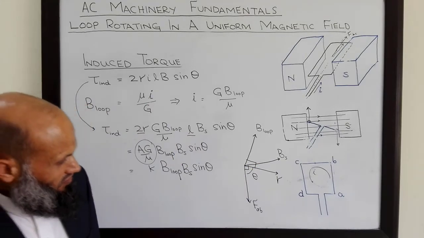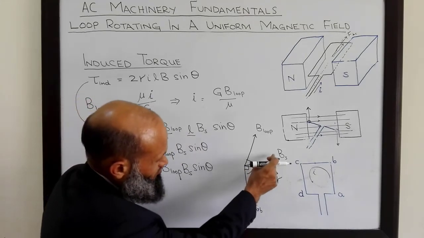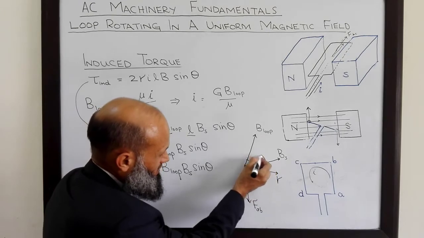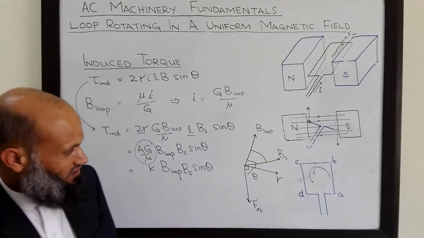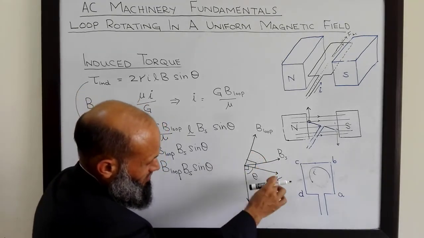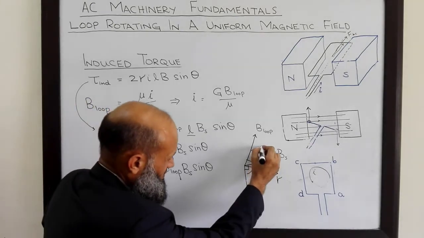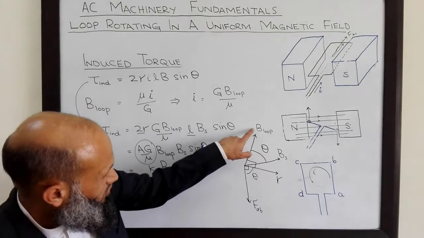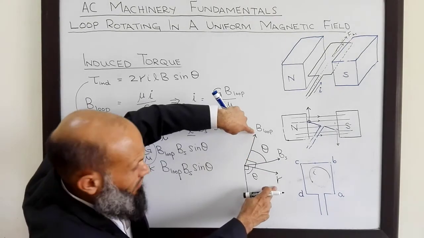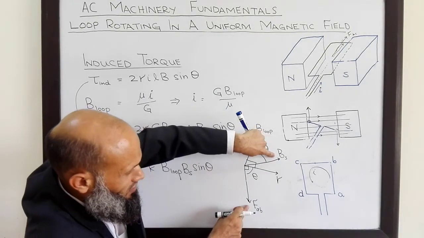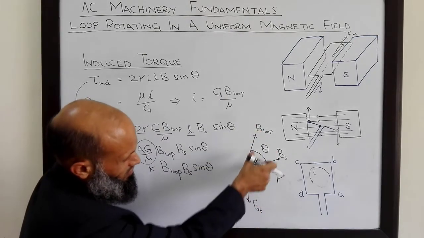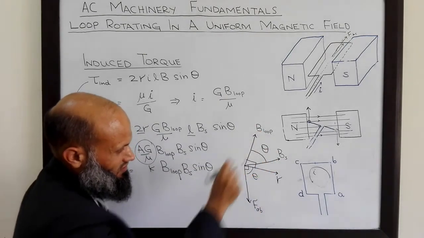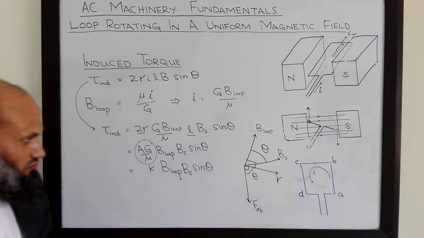And what we observe is that angle between B S and B loop, that is this angle, is the same as the angle between R and F. That is, this is also equal to theta, because this B loop is perpendicular to R and B S is perpendicular to F. Therefore, the angle between these two vectors is the same as angle between these two vectors.